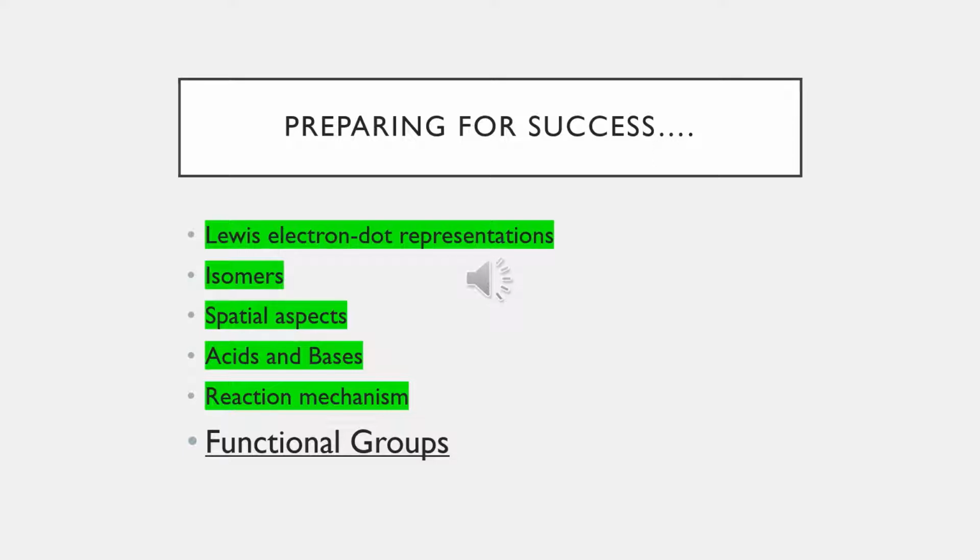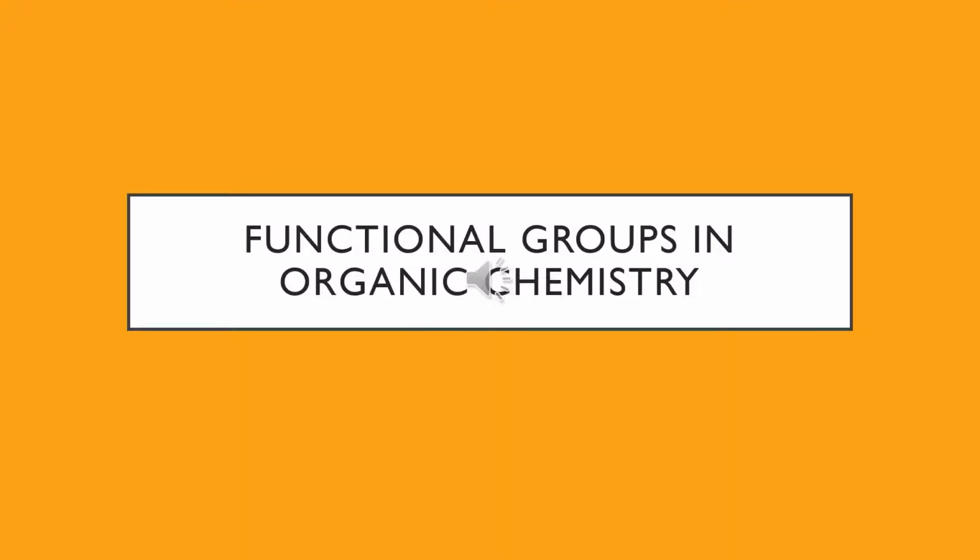But what I want to do is give you a sort of an org chart, which I think will be real helpful to you when you actually start your course. So that's the purpose of this last video lesson in the series. So let's talk about functional groups in organic chemistry. This will not be an exhaustive compilation of all possible functional groups.